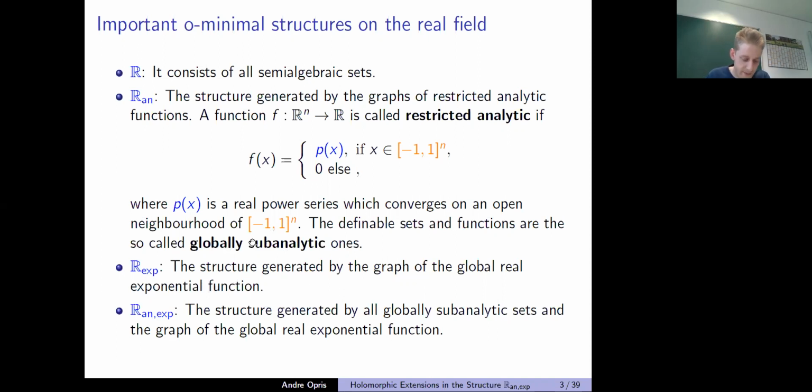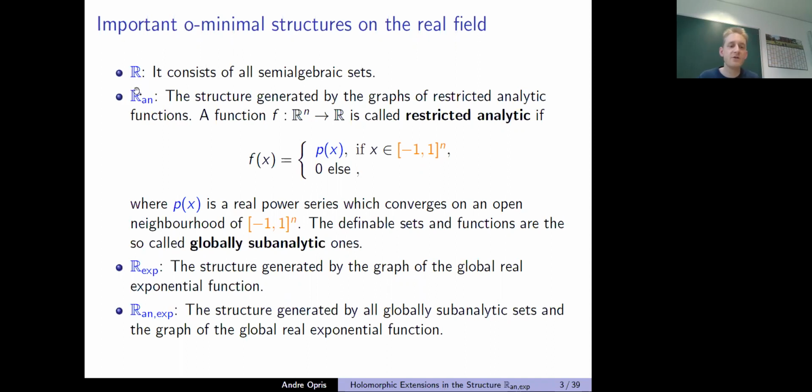And o-minimality is also very successful regarding some applications, for example, in number theory or geometry. And the most important structures in this context are R_an and R_an,exp.